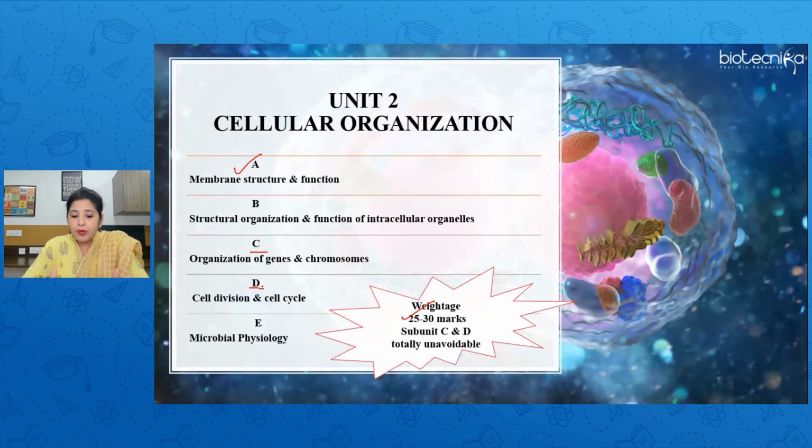Similarly, if you are studying cell division and the cell cycle, like cell regulation, you can relate it to cancer and anti-cancer drugs, which you study in unit 4. Units are interconnected, so if you study unit 2, you can relate it with the topics you study in other units like unit 3, unit 4, and unit 8.